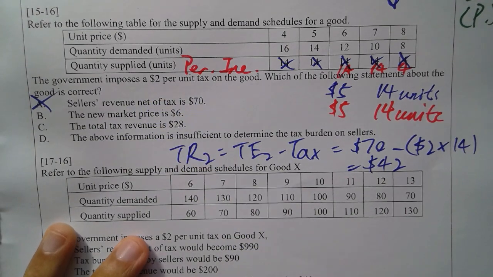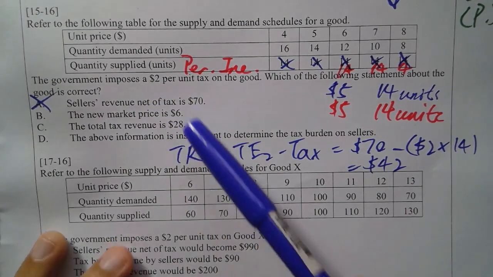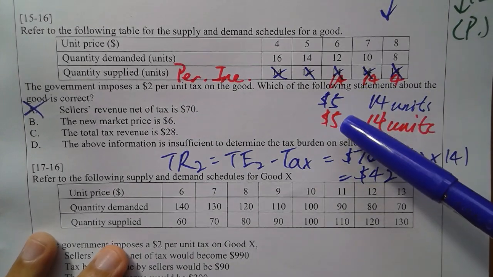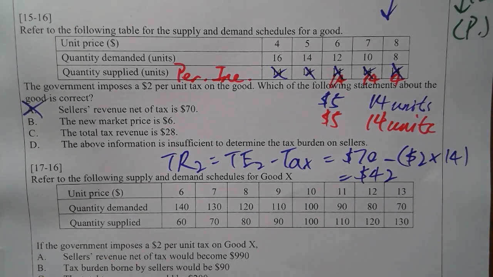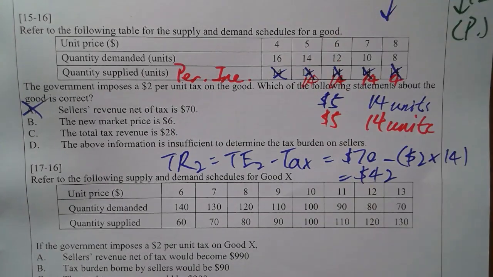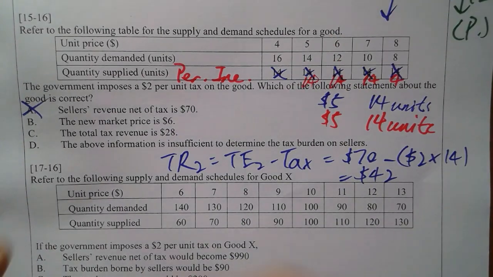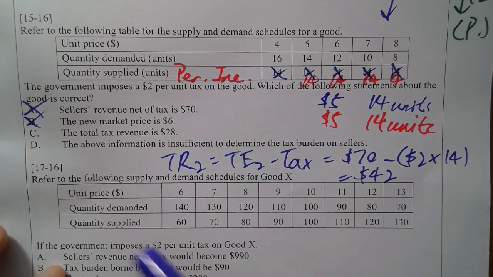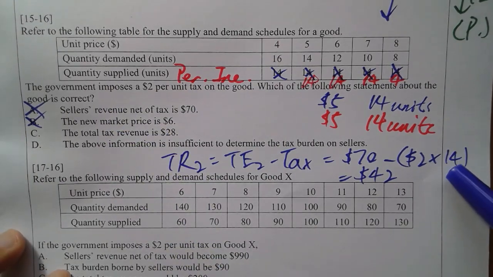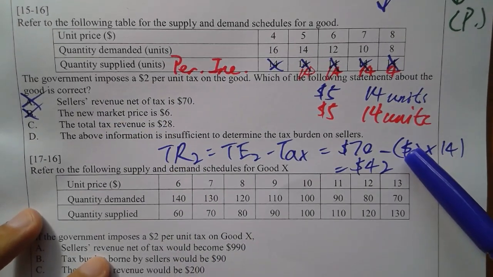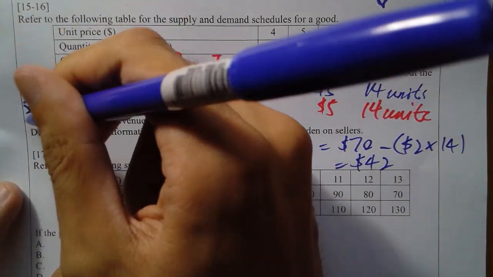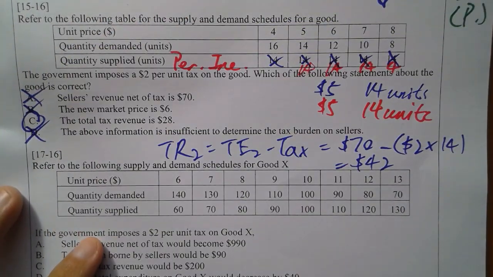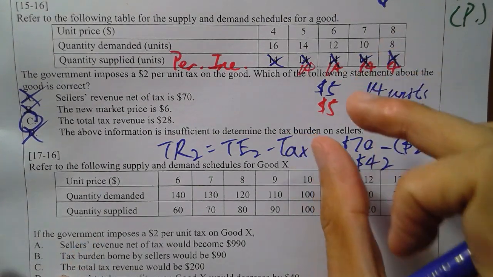The new market price, is it $6? We know it is not, right? It should be $5. The price cannot change. Total tax revenue, we know $2 per unit selling 14 units, it should be 28. Okay. Now let's look at this question.